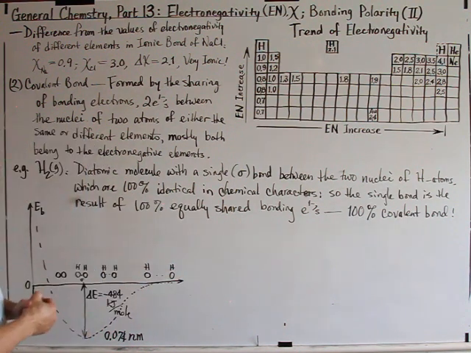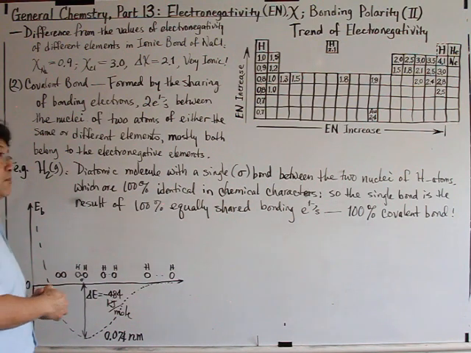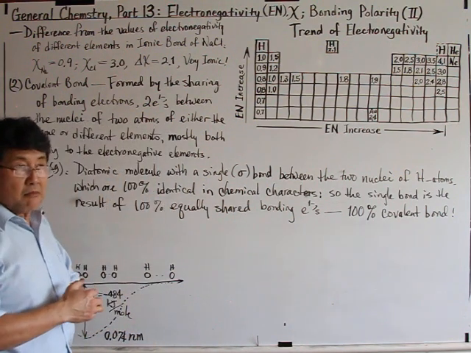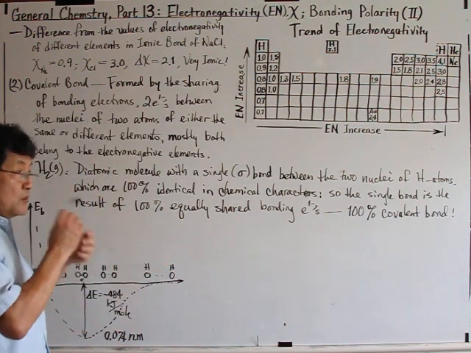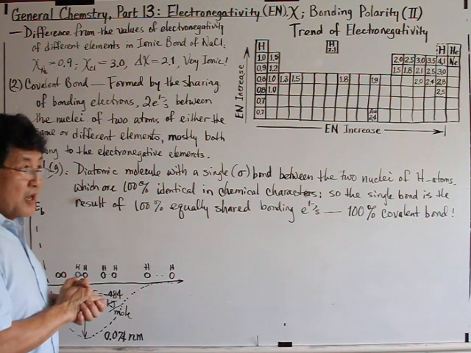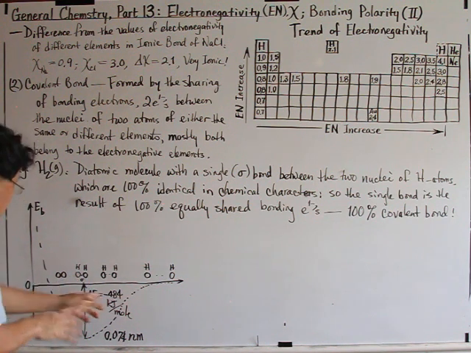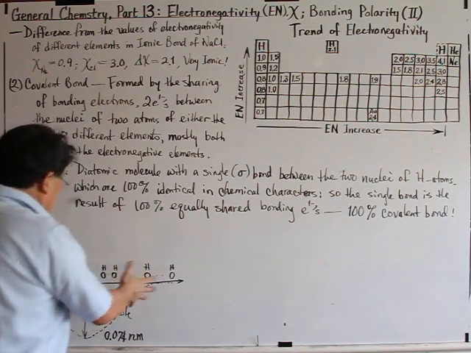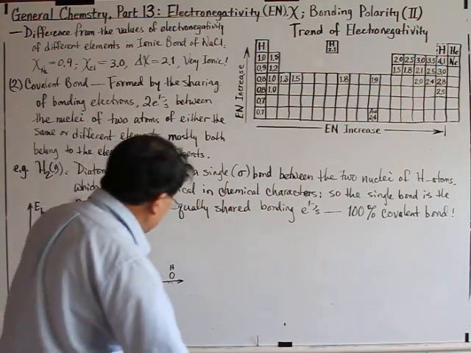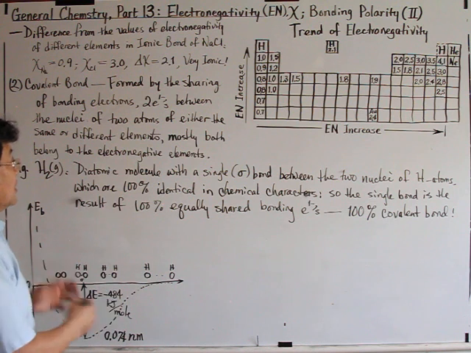So 2 moles of hydrogen atoms give you 1 mole of hydrogen diatomic molecules, and the energy is released to space in an exothermic process. That's what negative means. So the hydrogen diatomic molecule is more stable. All right, this is a situation we understand now.